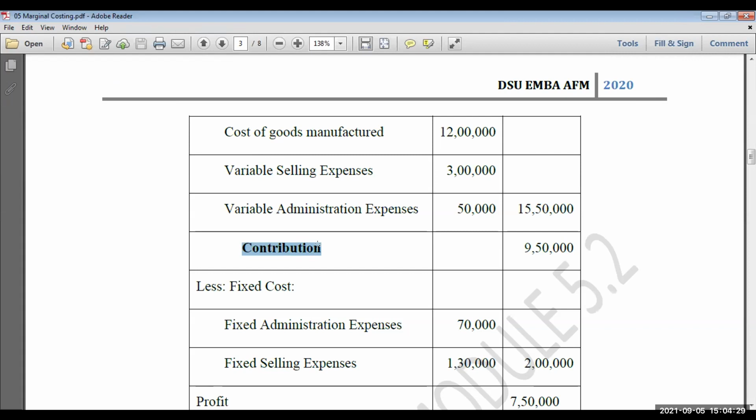To make that product, you spent 15 rupees as variable cost. Then what is the amount of contribution? The selling price is 25 rupees. The total variable cost to make that product is 15 rupees. So what is the contribution per unit?